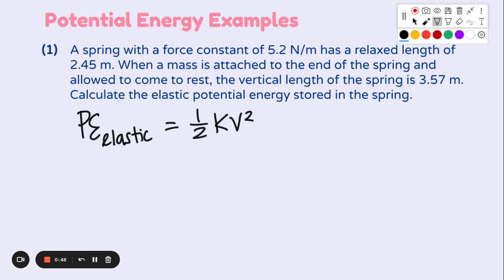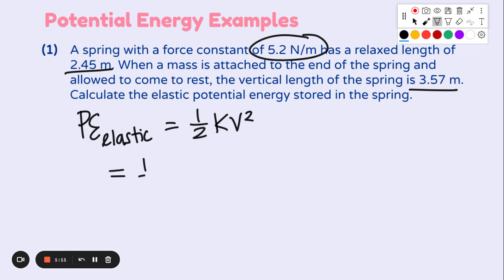squared. So it says a spring with a force constant of 5.2 newtons per meter has a relaxed length of 2.45 meters. When the mass is attached to the end of the spring and is allowed to come to rest, the vertical length of the spring is 3.57 meters. Calculate the elastic potential energy. In order to do that, we are going to start plugging stuff in.